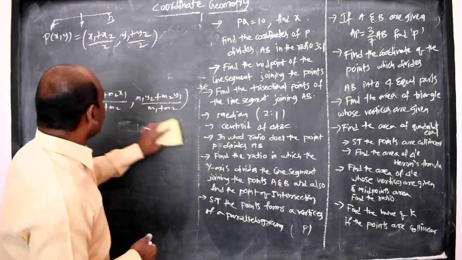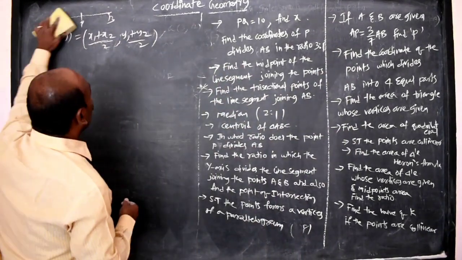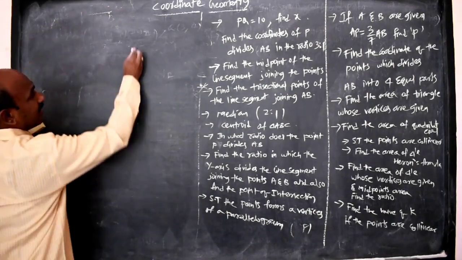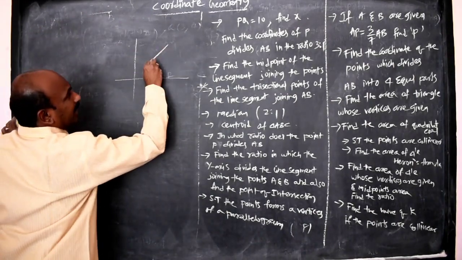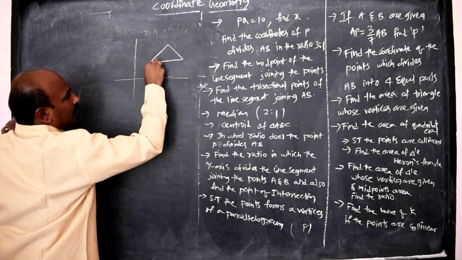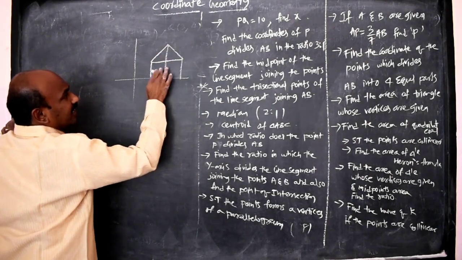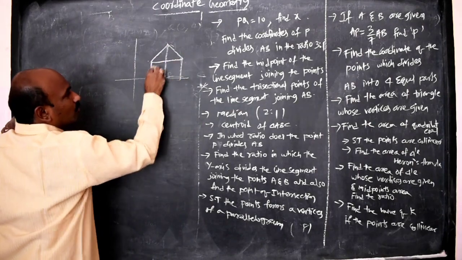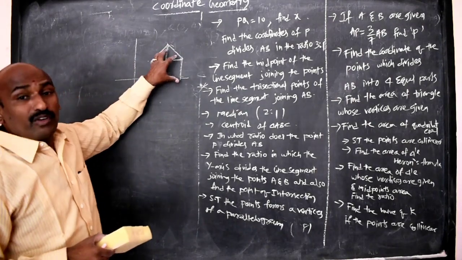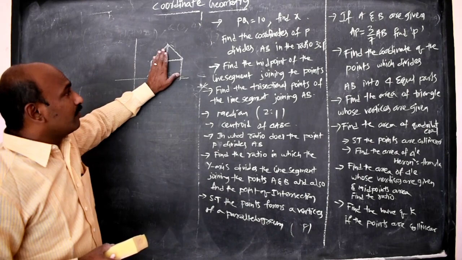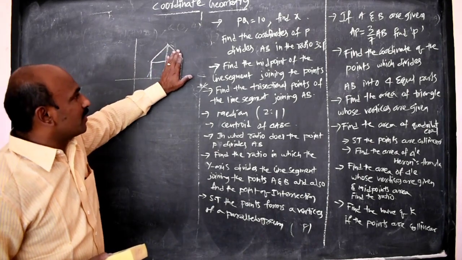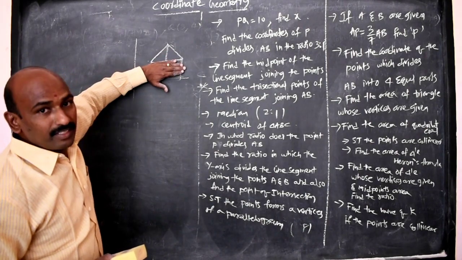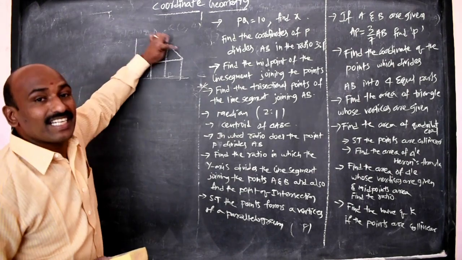Next one is the area of the triangle. We know how to derive the area of a triangle. If you take a triangle and join it like this, you will get 3 trapeziums. This is one trapezium, this is one more trapezium, and this is one more trapezium. To get the area of the triangle, take the area of this trapezium plus the area of this trapezium minus the area of this third trapezium, and you will get exactly the area of the triangle.